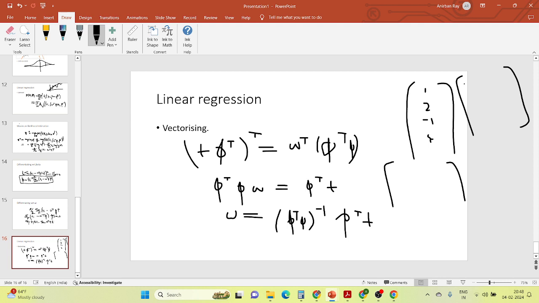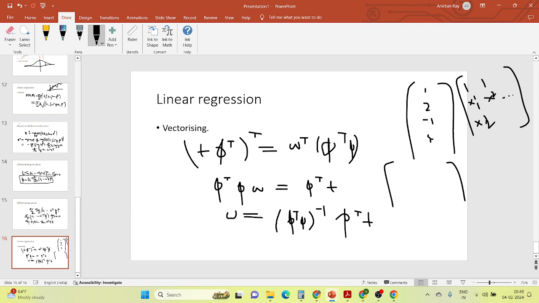For the first training example it will be 1, and then x1, whatever x1 it is, with a superscript 1 for the first training example, and then x2, also with superscript 1. Then there will be the second one, with 2 here, and dot dot dot.